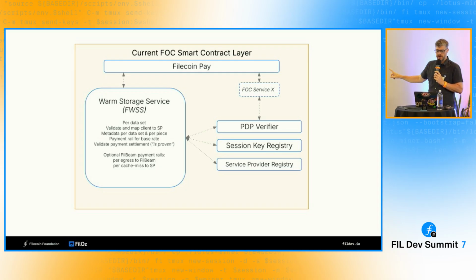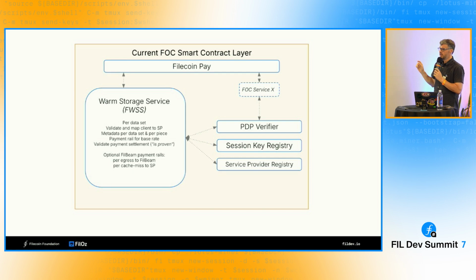Right, so in Filecoin Warm Storage Service, for each data set that we add, maybe I'll talk about the client interaction here. To onboard data, the client interacts with the SP, not the smart contract layer directly. What they do is they sign an authorization to give to the SP along with their data that says, I want you to onboard this data to the warm storage stack.